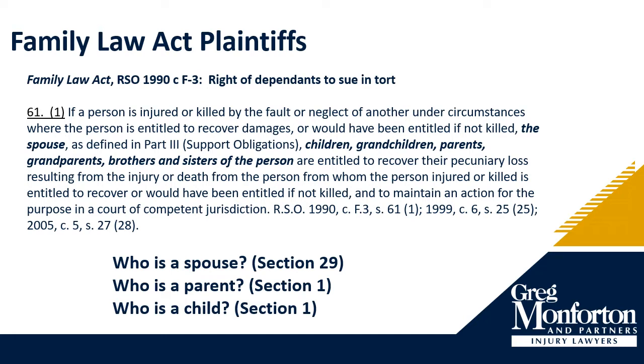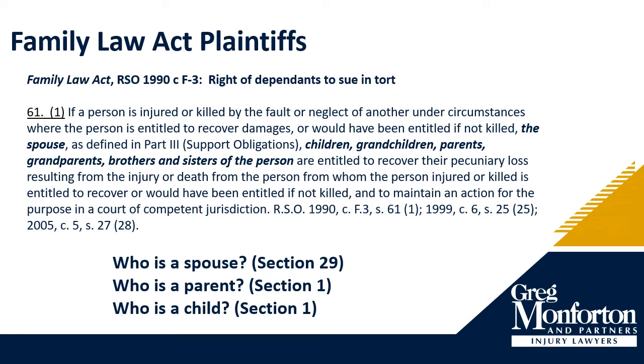So you've got marriage, you've got not married but live continuously for a period of not less than 3 years, or in a relationship of permanence if they are the natural or adoptive parents of a child.